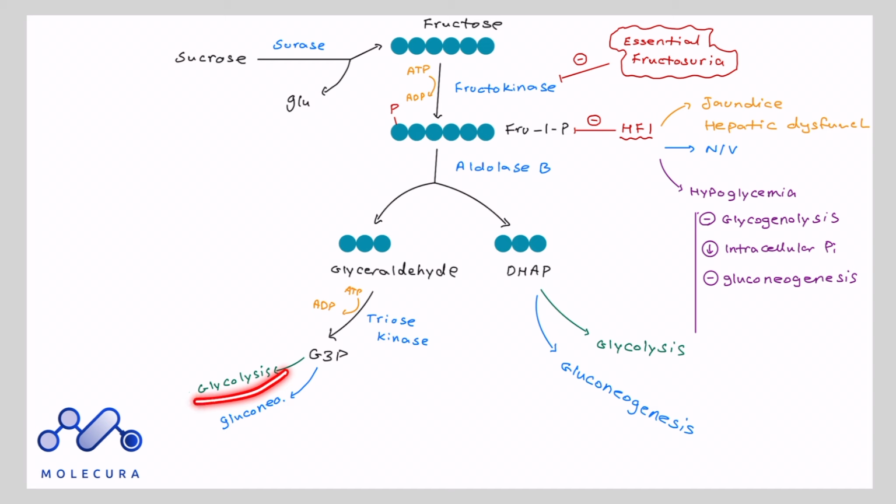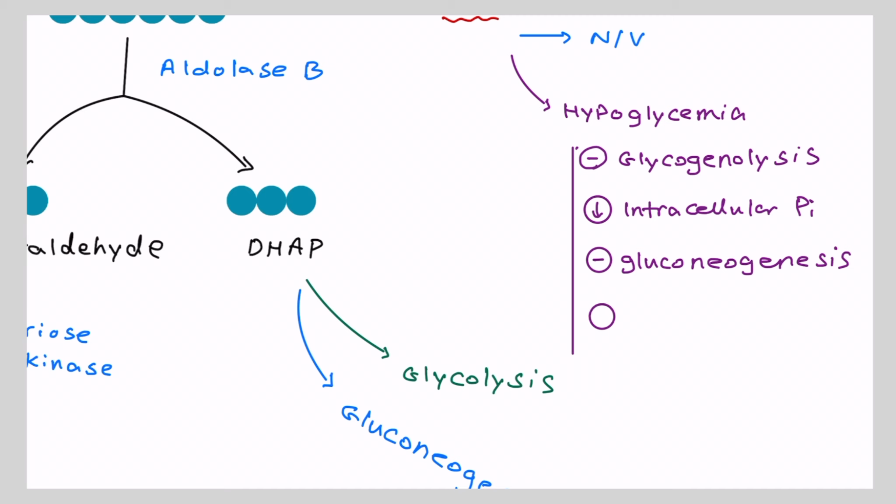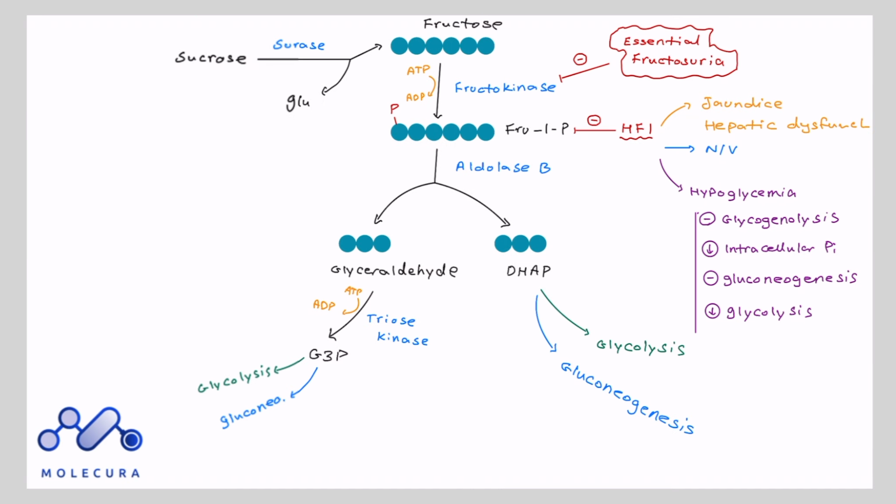And of course, because these are intermediates of glycolysis, needless to say we are going to have decreased glycolysis as well. So these are the mechanisms by which hereditary fructose intolerance is going to cause hypoglycemia.